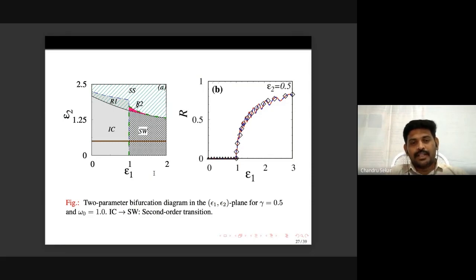When the asymmetric coupling term epsilon 2 is less than some critical value, we have a standard Kuramoto type transition: incoherent to standing wave, a second order phase transition.